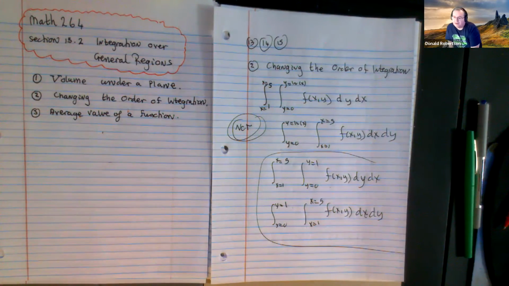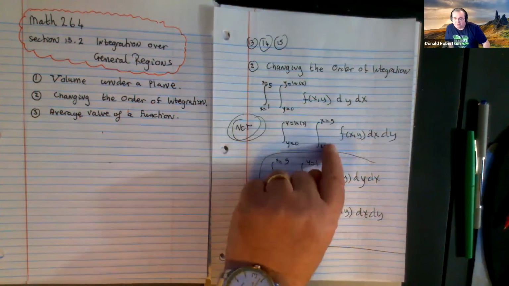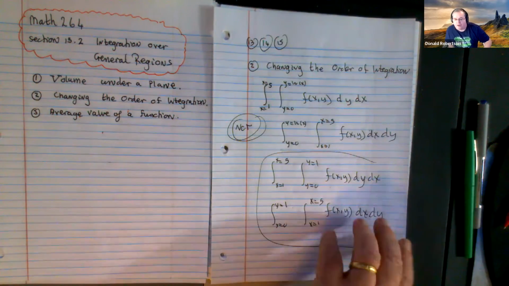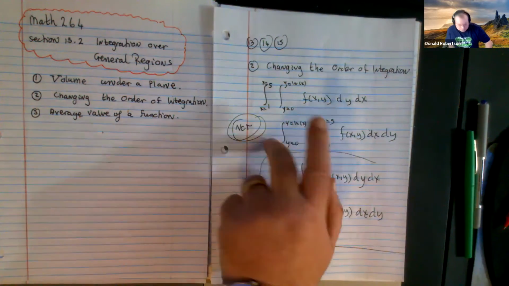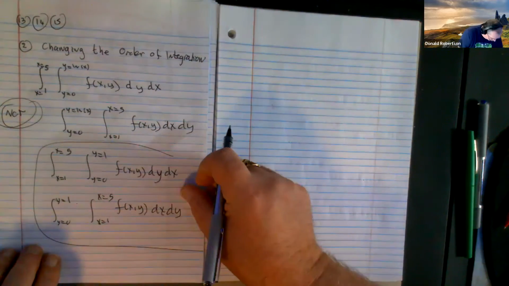Haven't we talked about as long as everybody's a number, isn't it okay to switch the order? But if there's a variable anywhere in the limits of integration, and if there is going to be one, it has to be in the first one, you are not allowed to just basically switch them. So that means this is a little bit trickier than it originally looked like.